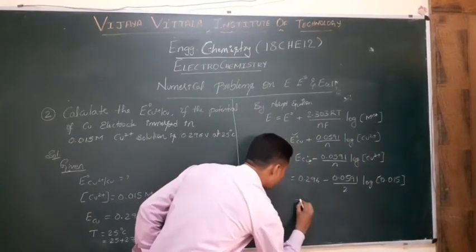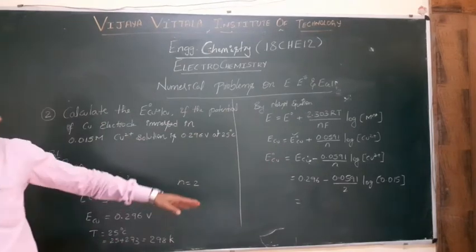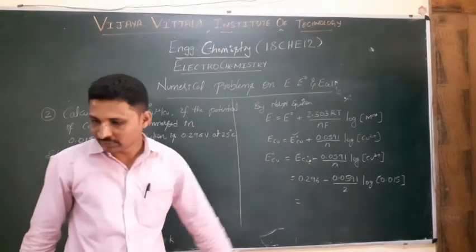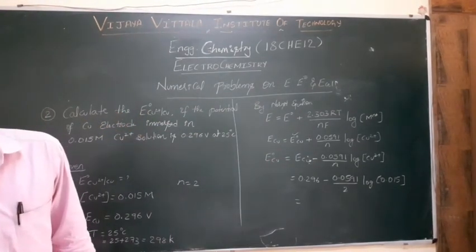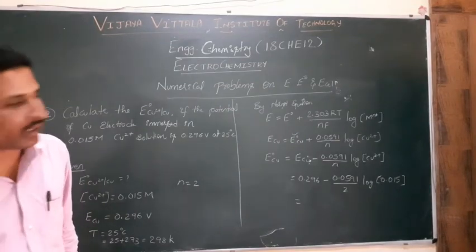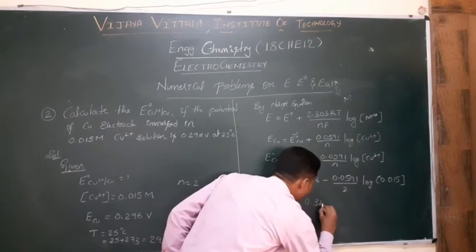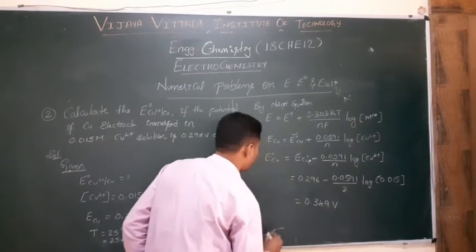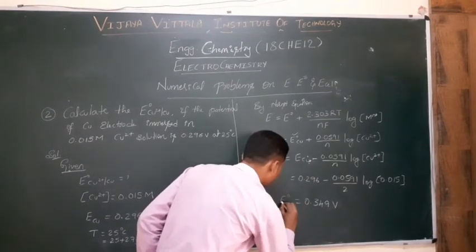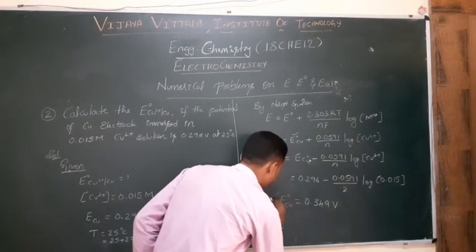While calculating these terms, we get 0.349 volt at 298 Kelvin temperature.